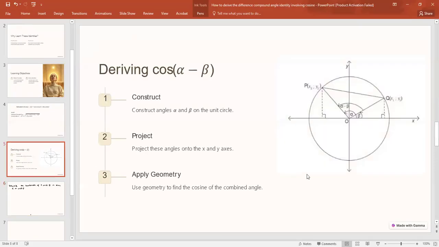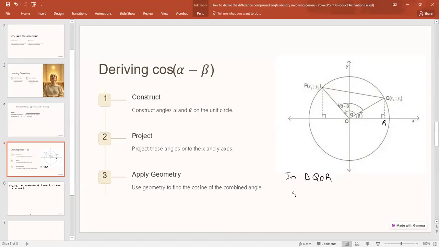Let's go back to our circle. On this circle, we can introduce a new point, let's say R here, in order to obtain the triangle QOR with angle beta here. You see, this is a right angle triangle, right?